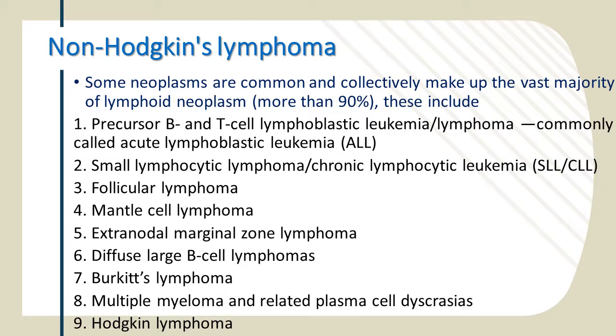Secondly is the small lymphocytic lymphoma, chronic lymphocytic leukemia. Thirdly is the follicular lymphoma, mantle cell lymphoma. Next is the extranodal marginal zone lymphoma, along with the diffuse large B-cell lymphoma, Burkitt's lymphoma, multiple myeloma, and the Hodgkin's lymphoma.